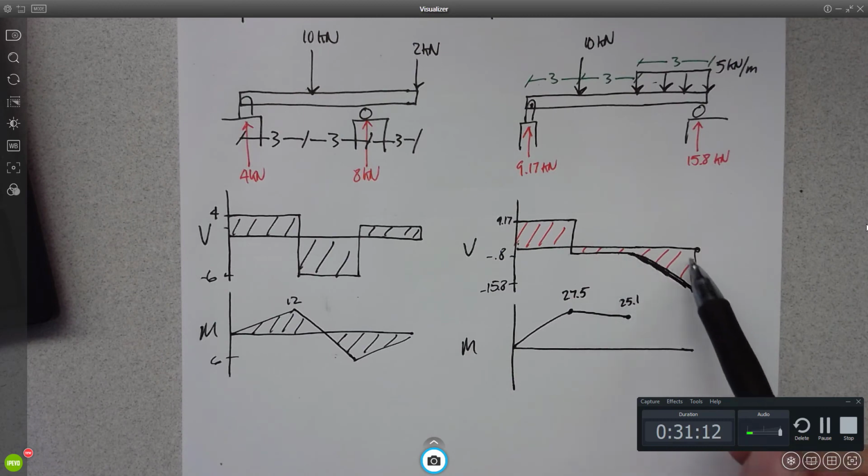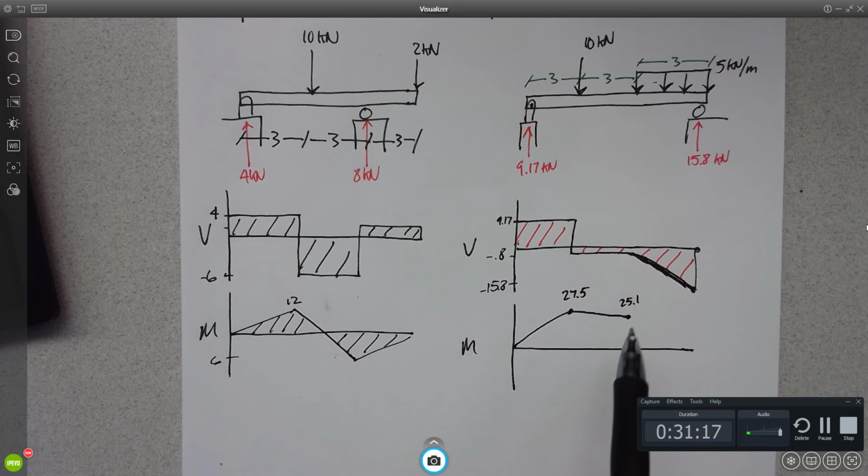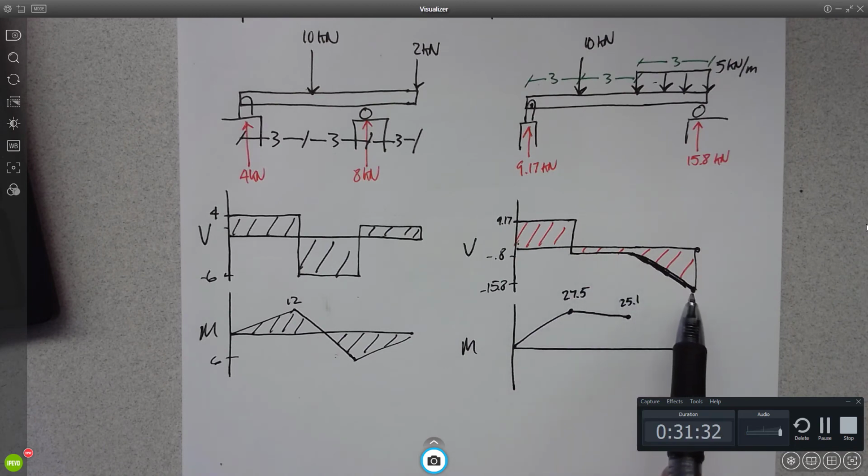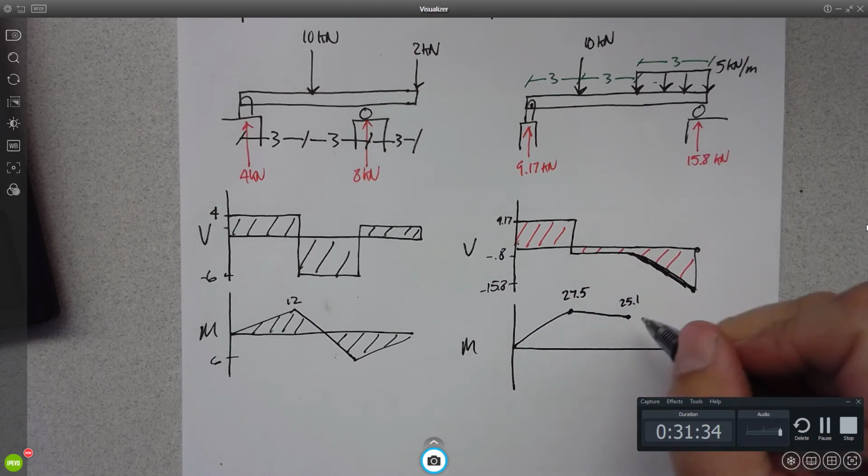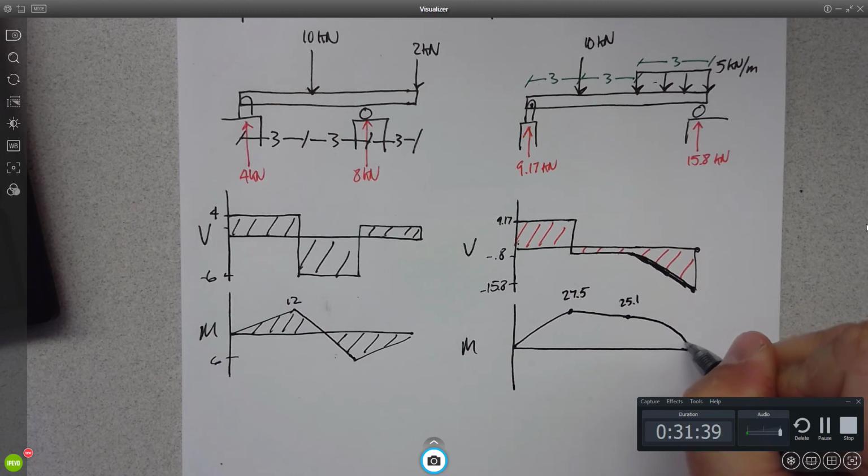Then I have this guy. Well, holy smokes. Okay, a couple things I want you to look at. We know that the shear gives you the slope of the moment diagram. So we know we start a little negative. In fact, we start tangent to the line here, right? And it's increasingly negative. What's the total change?